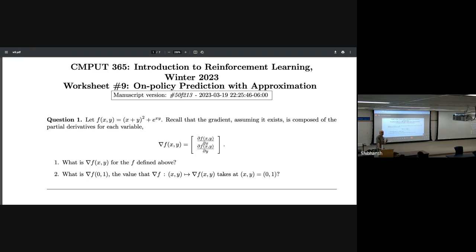So maybe one simple example is linear function approximation. So what is linear function approximation? Okay, so you say this is linear regression. What are the components? What are the players there?